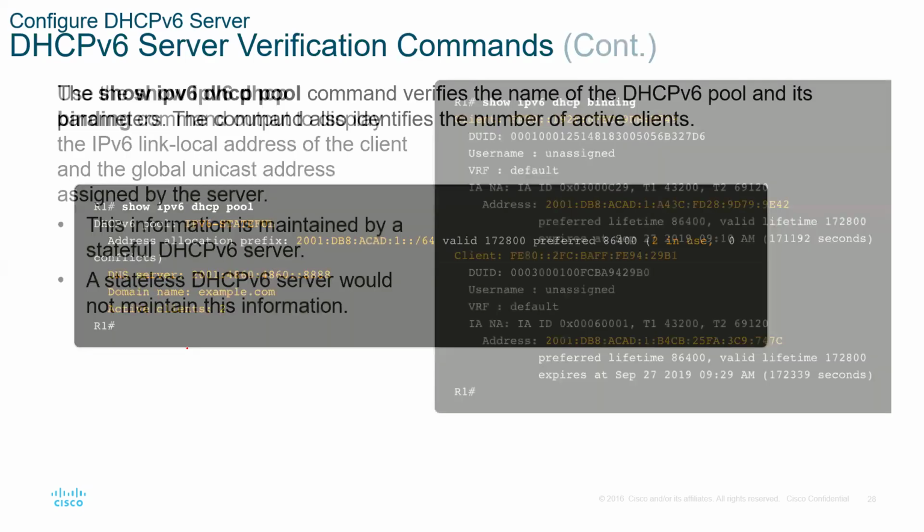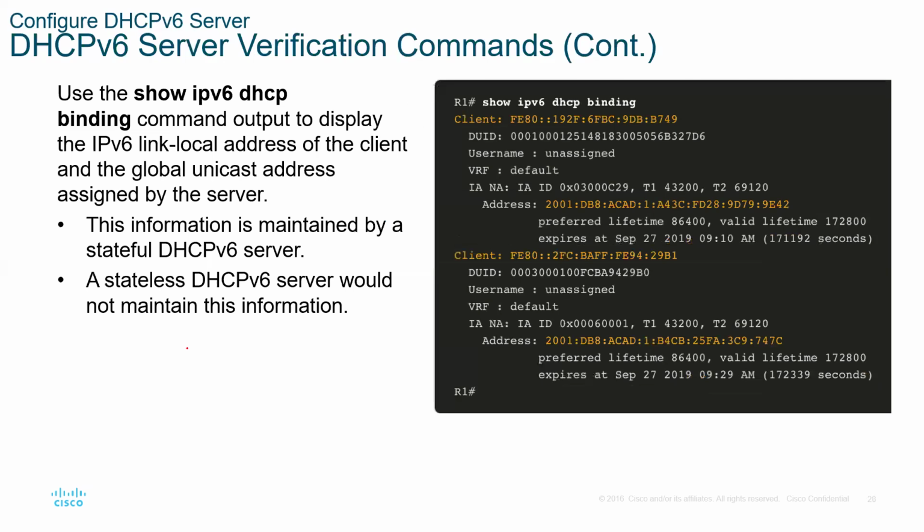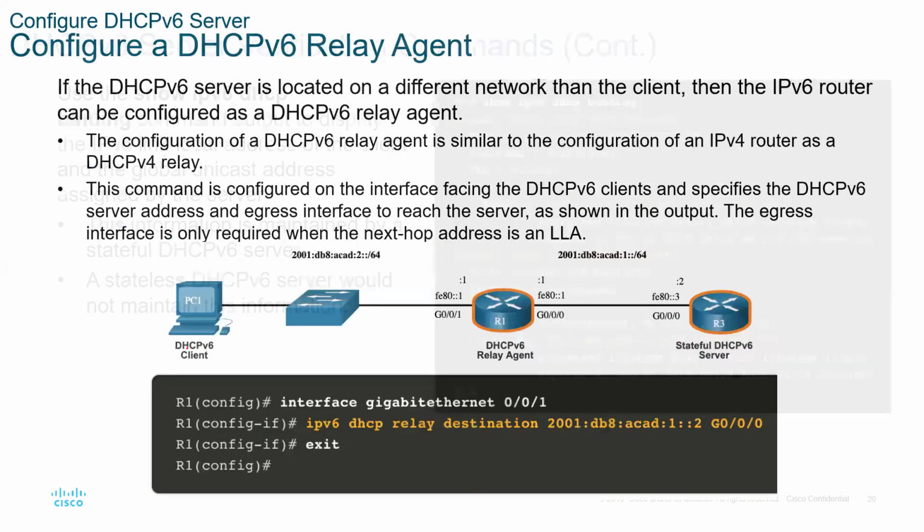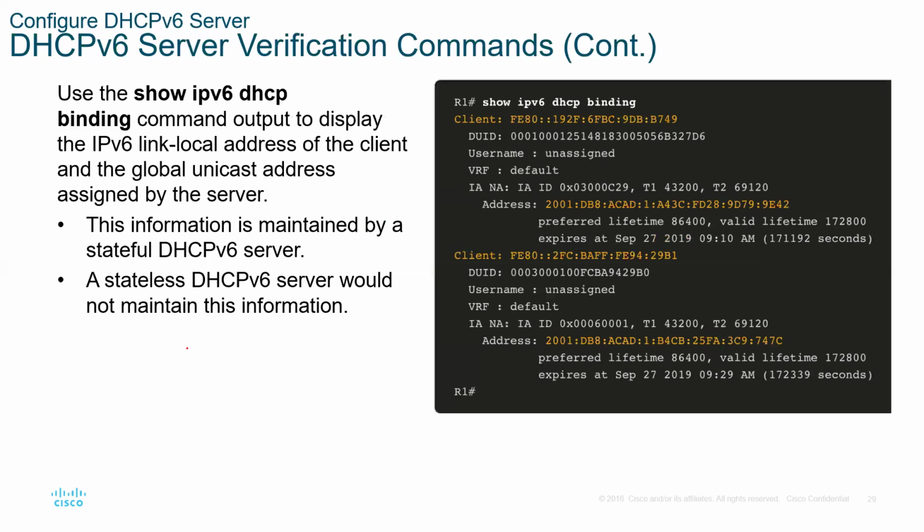These are just verification commands of what you would have configured if you wanted to configure a server, either stateless or stateful. Another verification command shows the binding that we have.